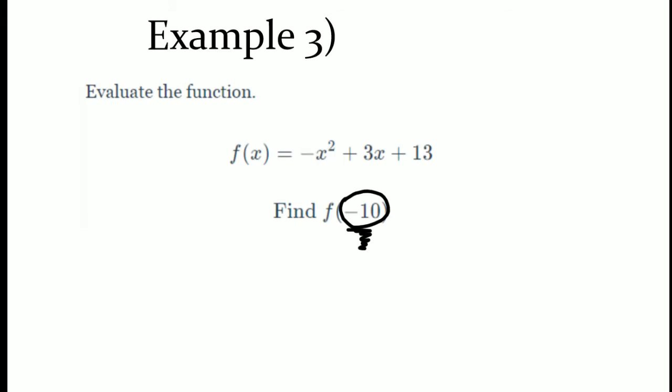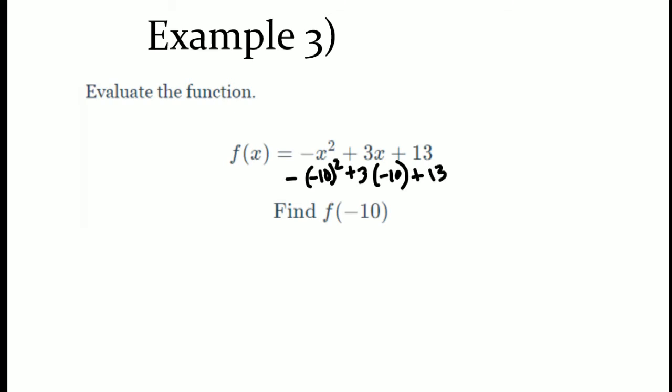So in this case, we are going to do (-10) squared. We're going to put it in parentheses just to make sure that we know that the negative is involved. Then plus 3 times (-10), and notice the parentheses again, and then plus 13, and that stays the same because there's no x value there.